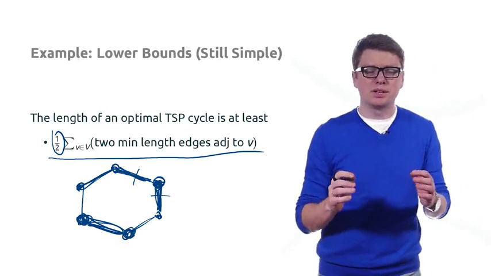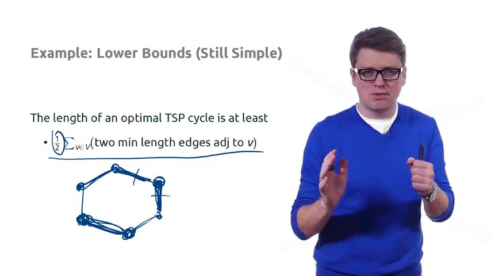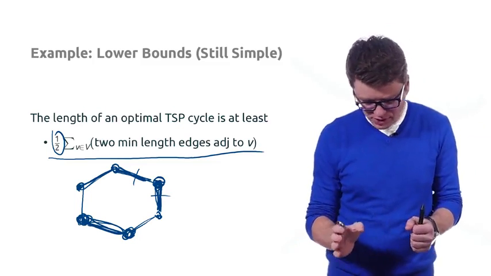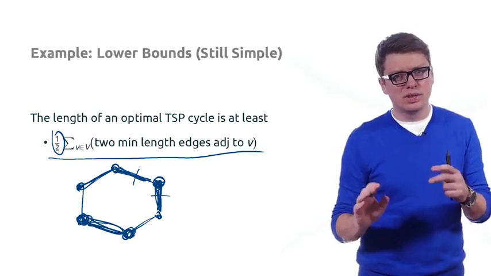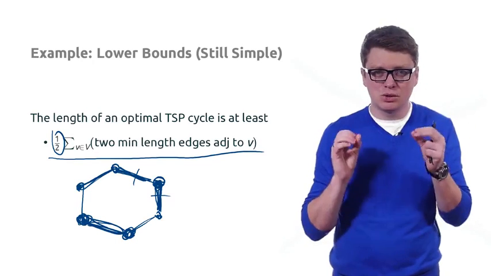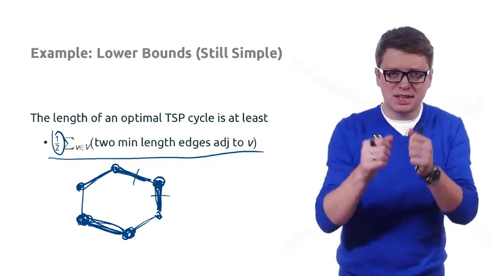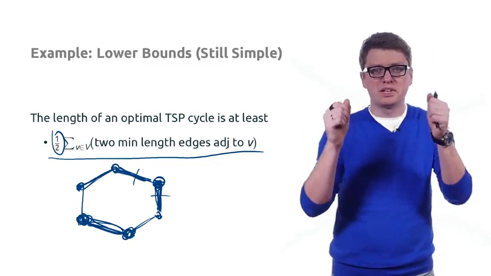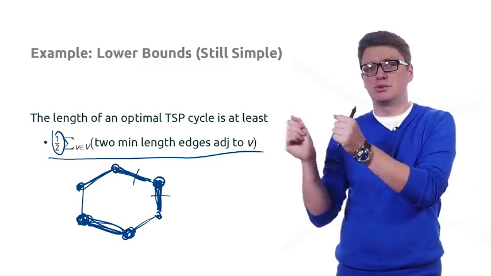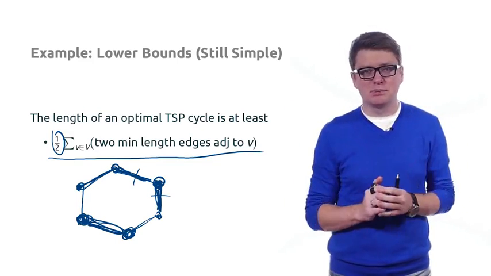And since we computed it twice, to make this lower bound work, we need to take half of the sum of all these edges. So this is a quantity that can be computed very efficiently, and this already gives us a lower bound. If we see that this lower bound is already greater than the best solution that we've seen so far, then we stop immediately and we cut the current branch.